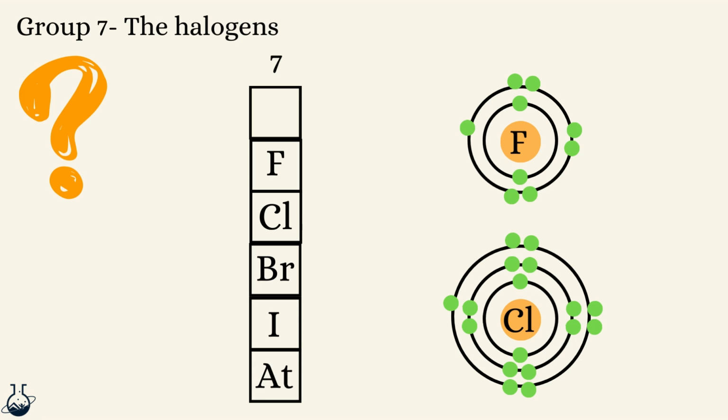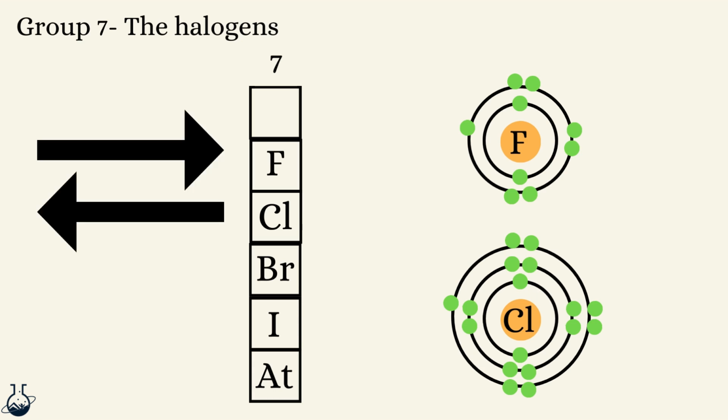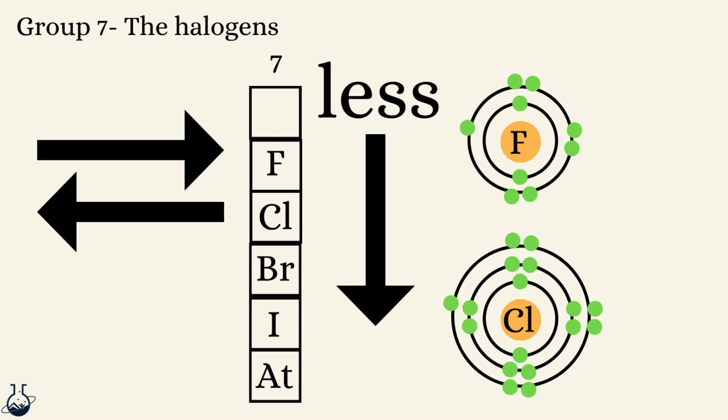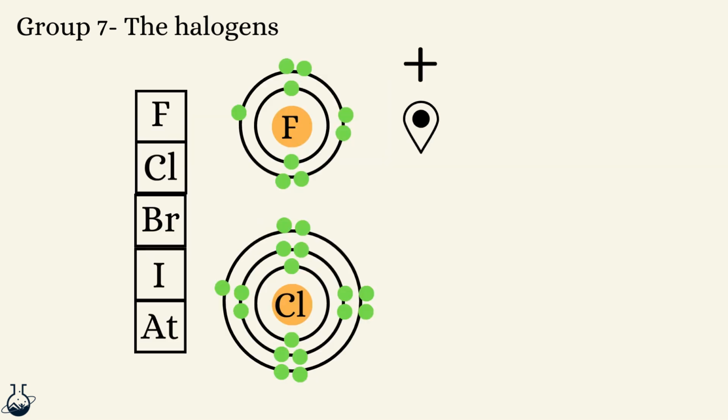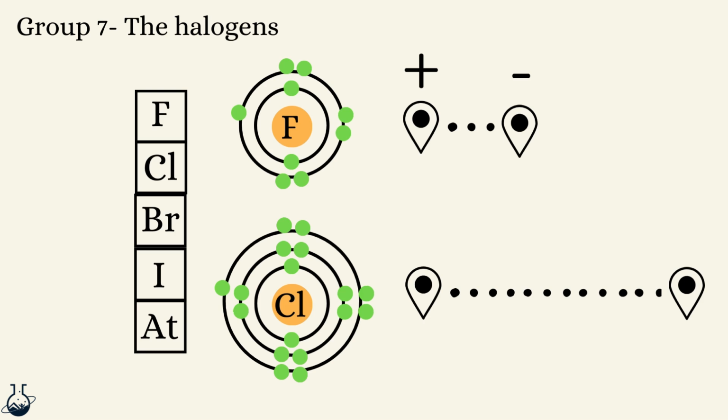It's simple really. It's the opposite to group 1. As you go down the group, group 7 elements get less reactive, under the same principles as what we looked at earlier. A positive proton in the nucleus has orbiting negative electrons in shells which increase with distance as the atoms get larger going down the group.